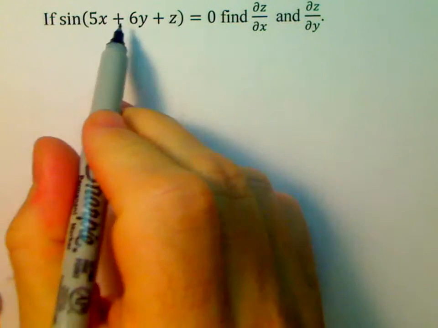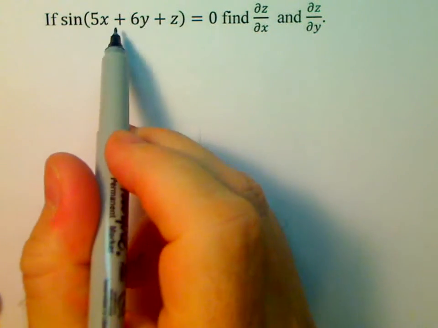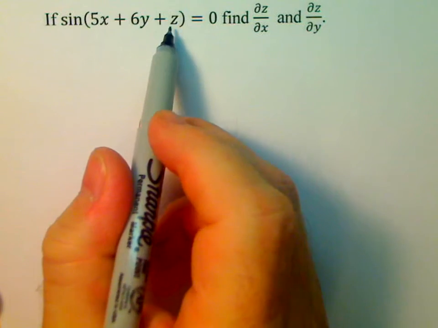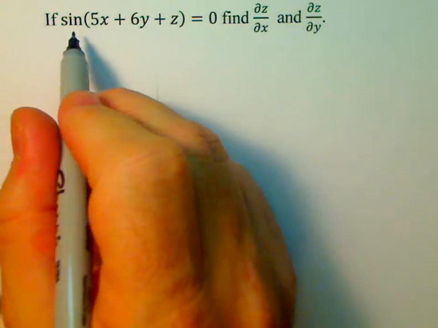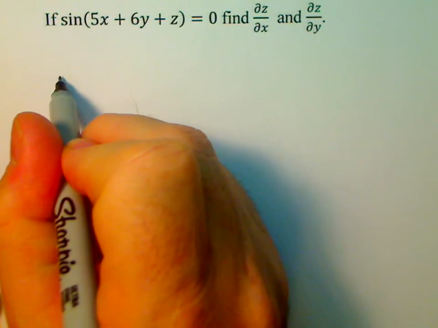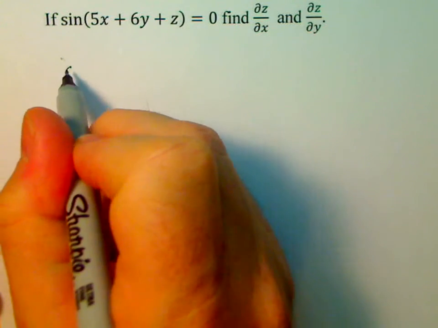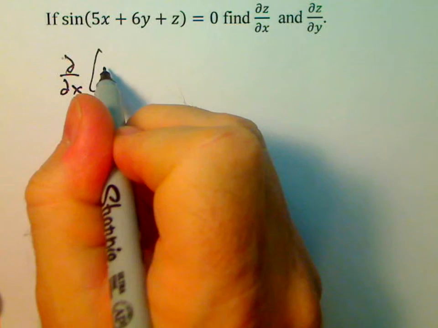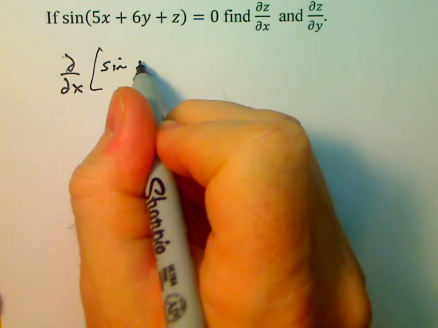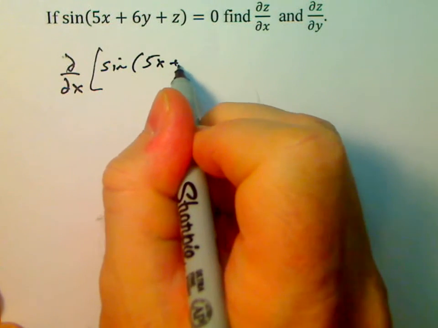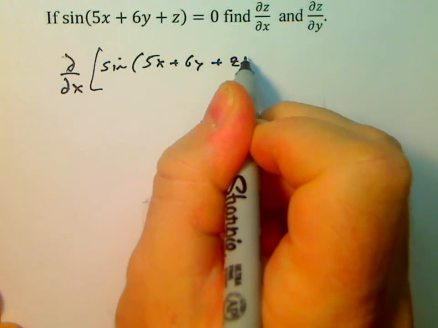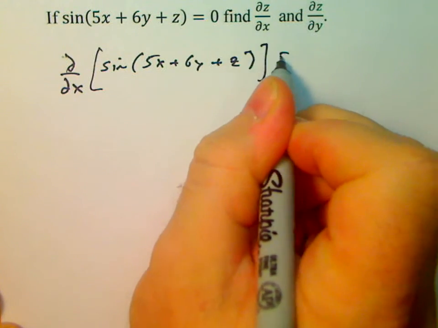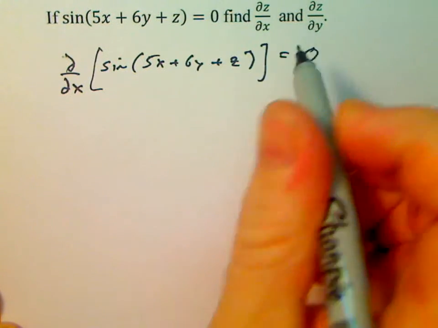I can take the derivative of both sides with respect to x and keep in the back of my mind that z is a function of x and y. So if this is true, I'm going to have, for instance, my partial derivative of this sine of 5x plus 6y plus z is, well, the partial derivative of 0 is 0.